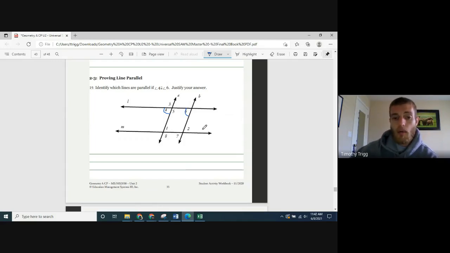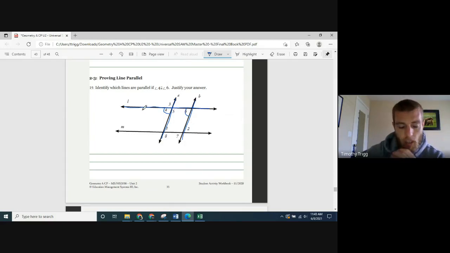Now, the way I like to do these is I look at which lines are involved with these angles. So with angle 4, which lines are involved? Well, line A is involved and line L is involved. With angle 6, L is involved and also B. So the lines that are involved in creating those angles are L, A, and B. See, M is not involved with these angles.